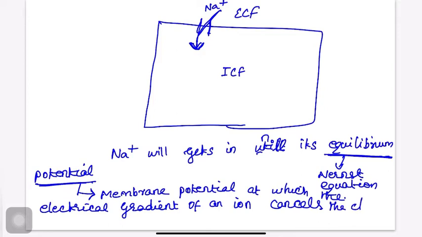So the membrane potential at which the electrical gradient of an ion cancels the chemical gradient.